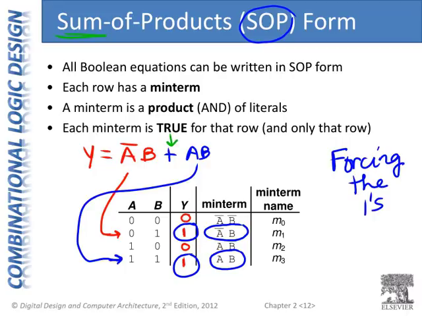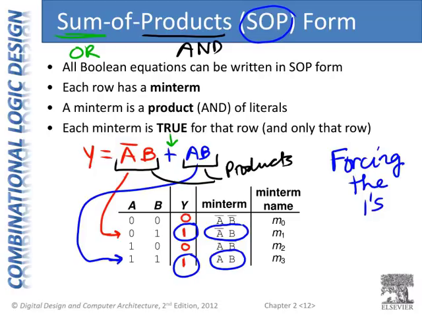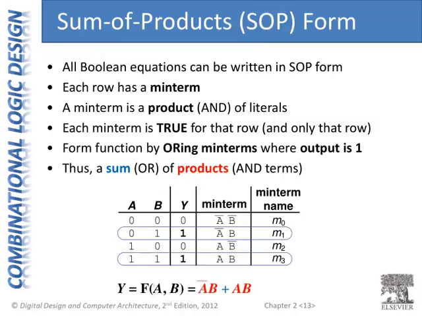Here's the sum, the OR of products of AND terms. And here are our product terms. So it's a sum of products, SOP form. And here it is written down as well.